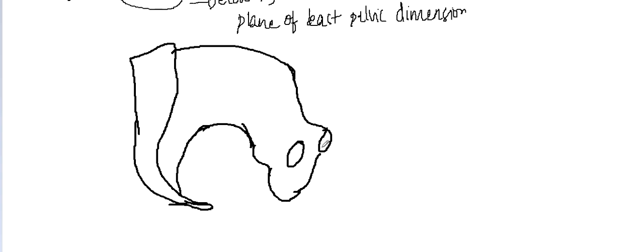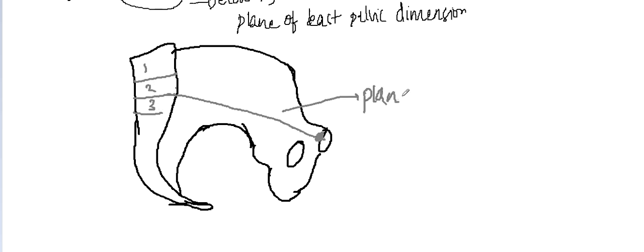So if you see the pelvic cavity, it extends from the midpoint of posterior surface of pubic symphysis to the junction of first, second, third. So this is the plane of the pelvic cavity. Okay, this is called as plane of pelvic cavity.